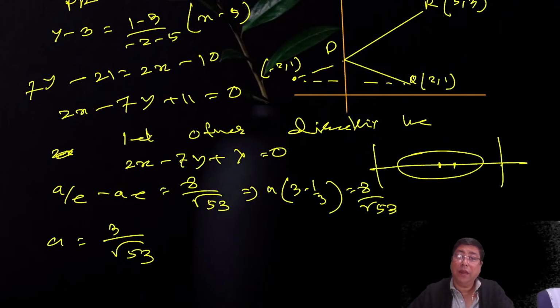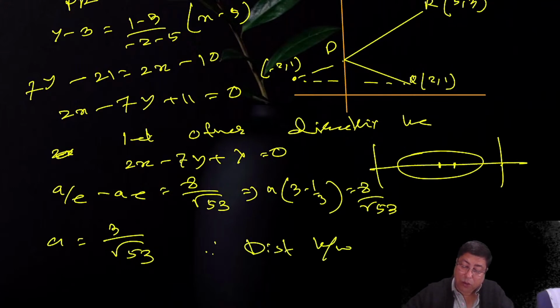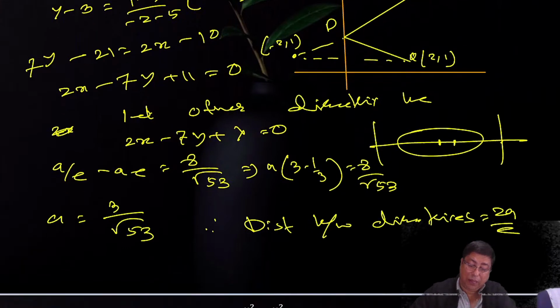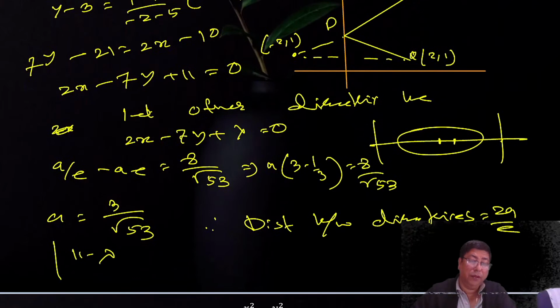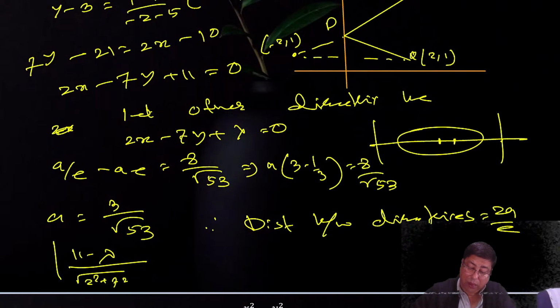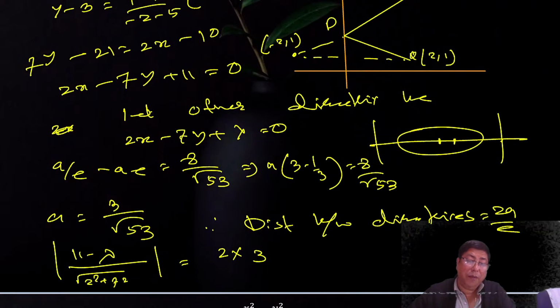And distance between the two directrices is 2A by E. Therefore, using the perpendicular distance formula, 11 minus lambda by root over 2 square plus 7 square equal to 2 into 3 into 3 by root over 53.